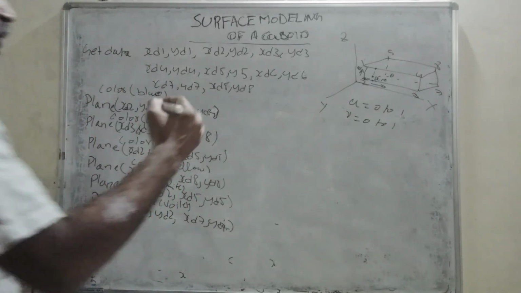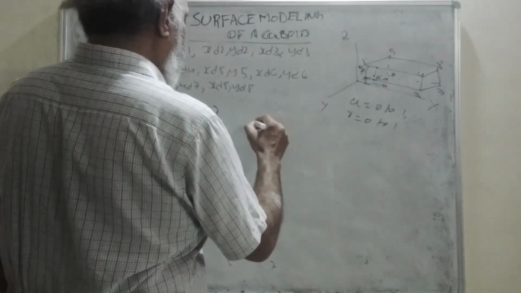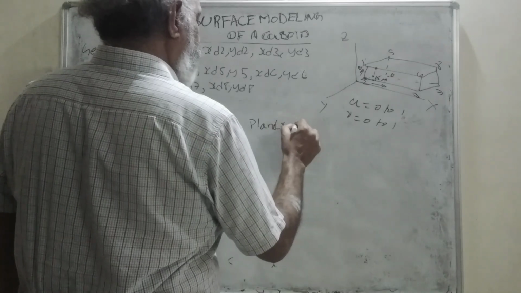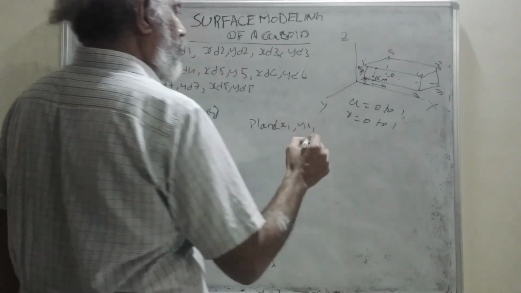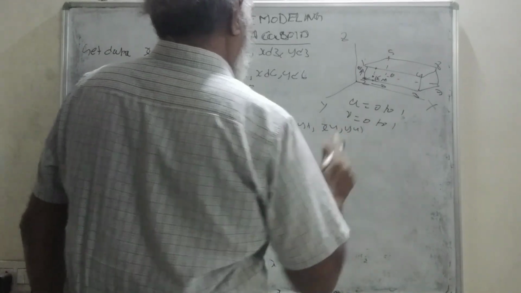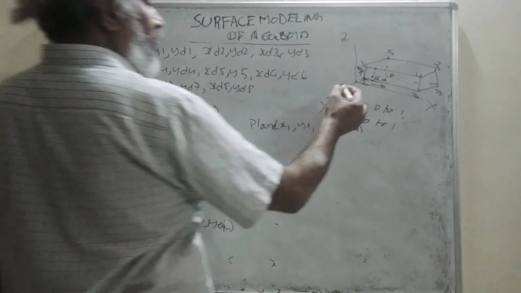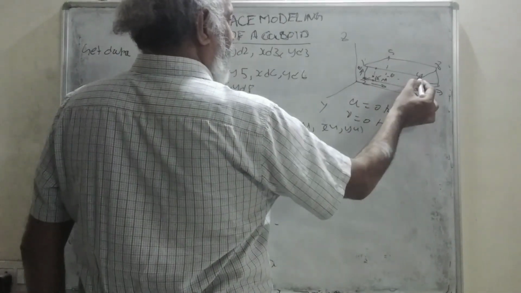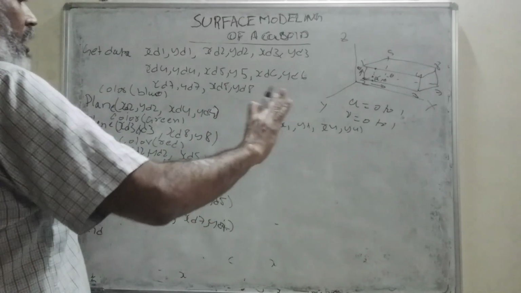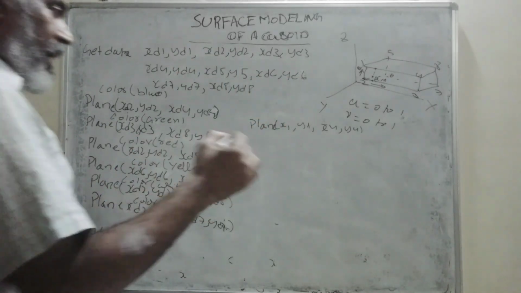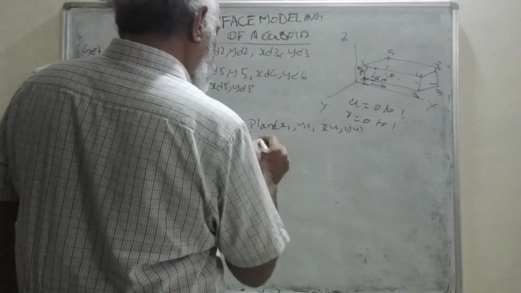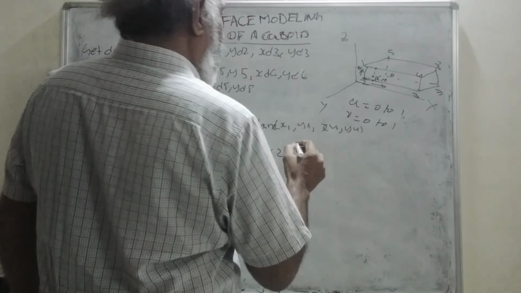Now we will write a program for this plane in a separate algorithm. That is plane x1 y1, x4 y4. That means we are trying to get the two coordinate data. One is here and another one is here. Two coordinate data xd2 y2, xd4 y4. This particular data we are getting. So after getting this, in this plane algorithm, you have to get x2. x2 is equal to what?